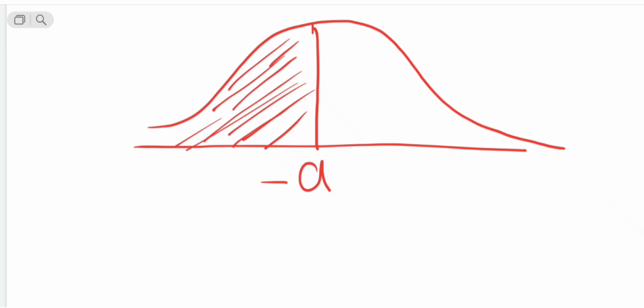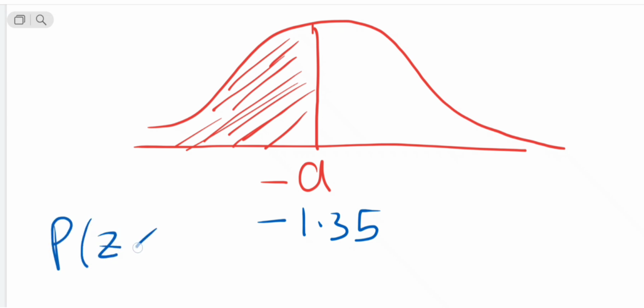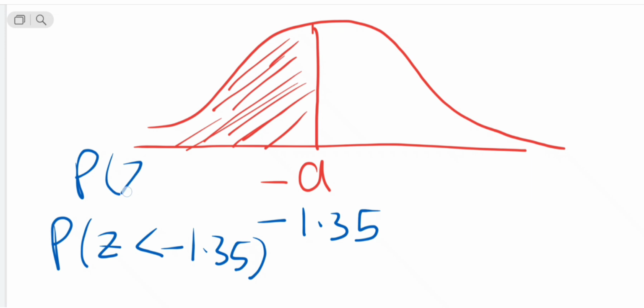A is any number, can be minus 1.35. So the question can be probability Z less than minus 1.35, or probability Z less than minus A. What is A? It can be any number, like minus 1.35.